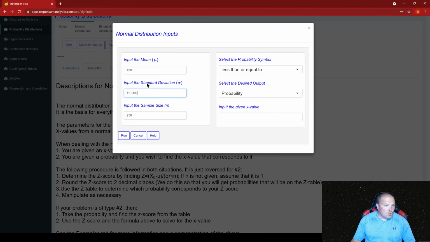Okay? If you wanted to put in the standard deviation divided by the square root of n, okay, and then just call this sample size 1, you could do that as well. It all depends on what you want to put into this particular box. If you want to put in the adjusted, you can do that. Or because of the way the stat helper is set up, you can put in the actual standard deviation and then put in the sample size.